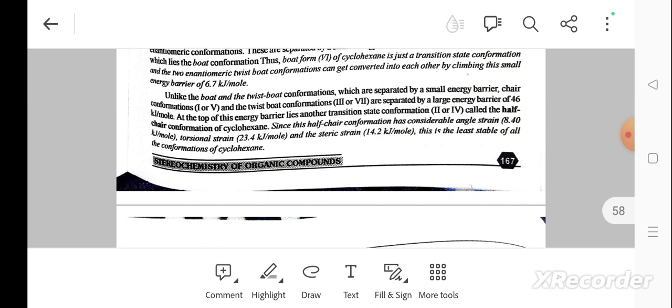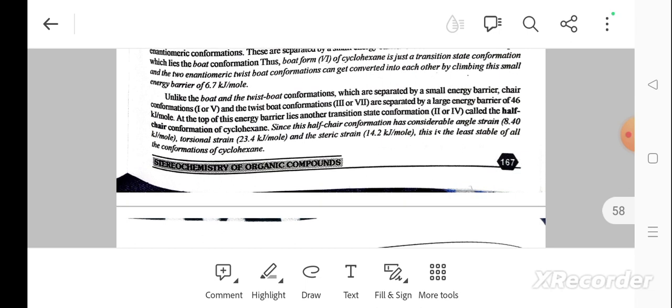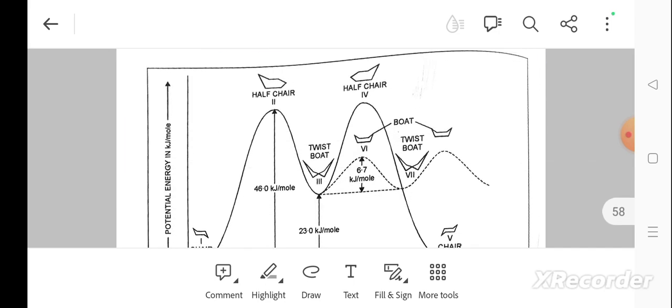At the top of this energy barrier lies another transition state configuration called the half chair configuration of cyclohexane. Since this half chair configuration has considerable angle strain, torsional strain and steric strain, it is the least stable of all the configurations of cyclohexane.